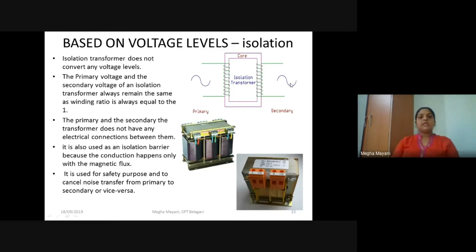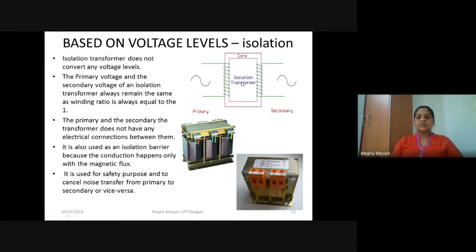But the only difference we have is they are electrically isolated, means we don't have any electrical connections between the primary and secondary. And if you try to calculate the turns ratio, which is number of turns in primary to the number of turns in the secondary, friends, we get exactly equal to 1, because the voltages are same, which is due to the number of turns present in the coil, which are same too.